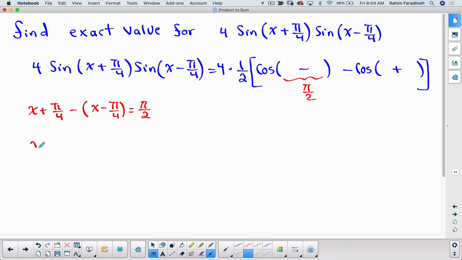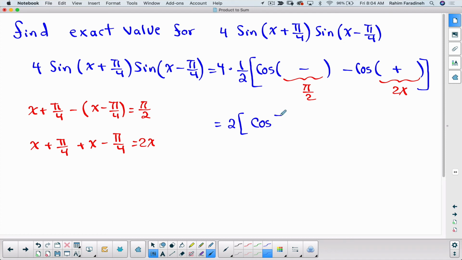Now we do the same thing with the sum. Here I don't need the parentheses, and this reduces to 2x. So 4 times 1/2 is 2.